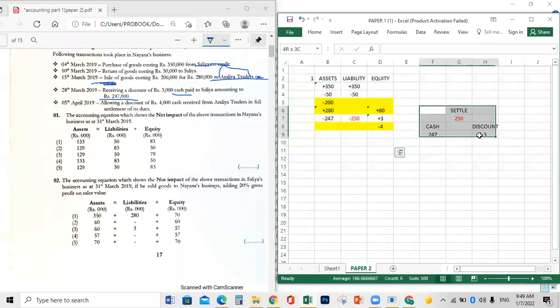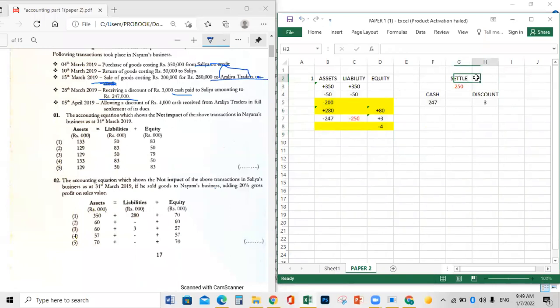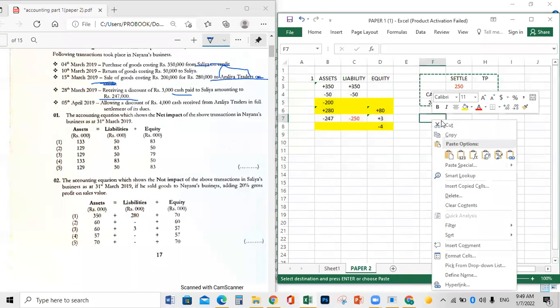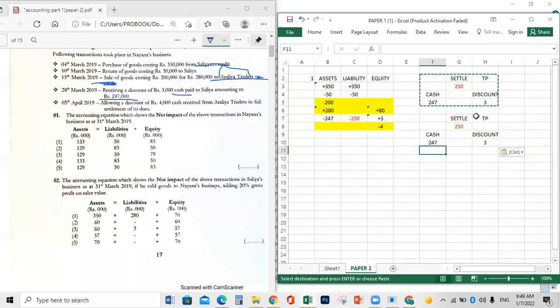Now, don't forget this. Before, it was trade payable, when you were settling your trade payable. Now we are going to do trade receivable. What happens when your trade receivable is settled? Always remember, settled includes two components, cash and discount.